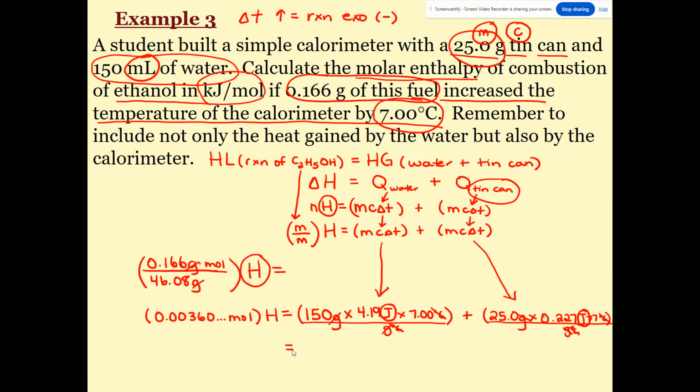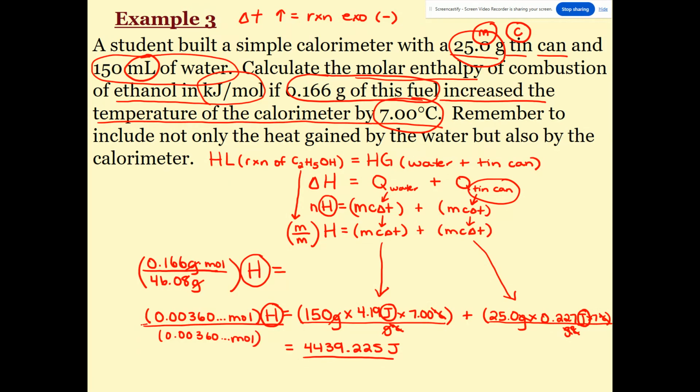So 150 times 4.19 times 7 plus 25 times 0.227 times 7 gives us an enthalpy change, or a total Q, of 4439.225 joules. Okay? And now to solve for H, I need to divide both sides by the moles. So the 0.00360, so on, unrounded.